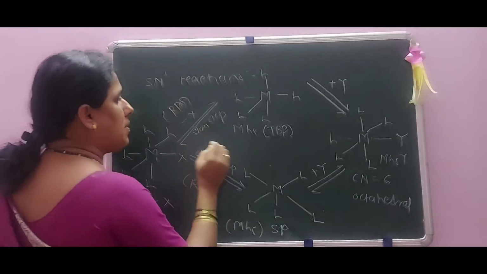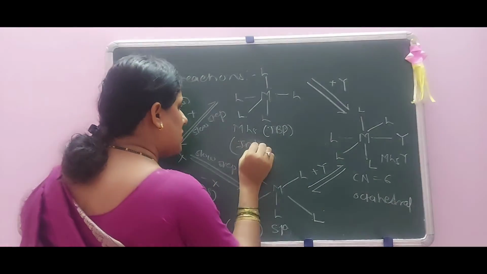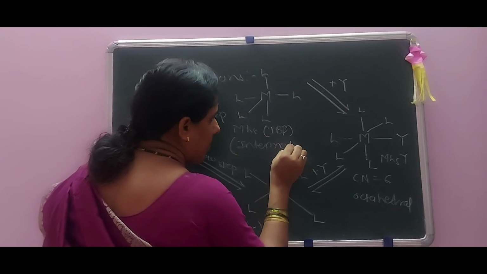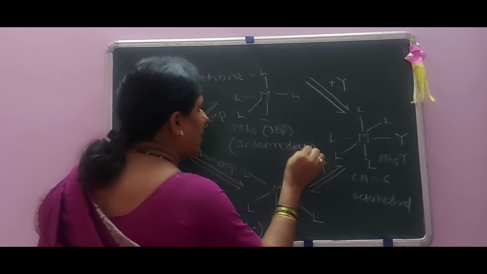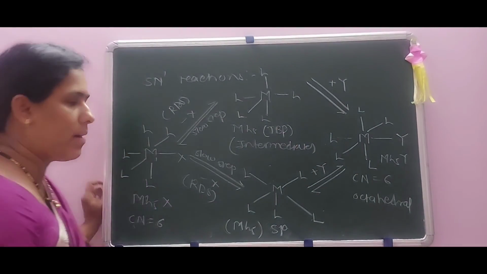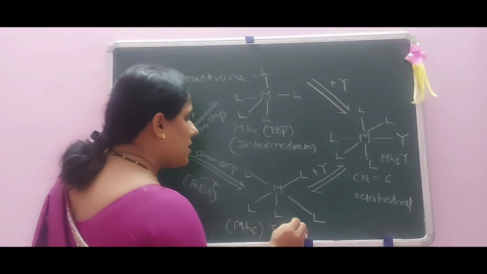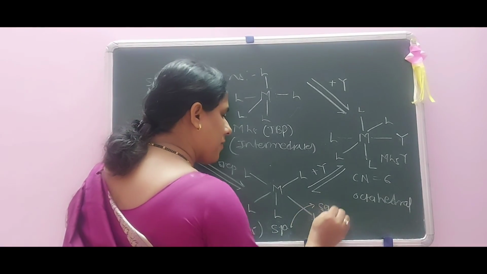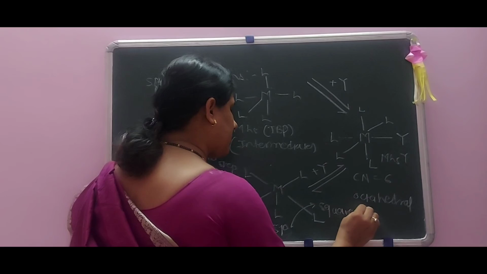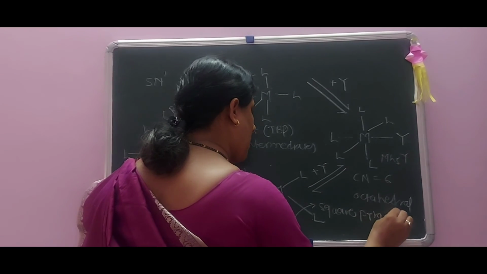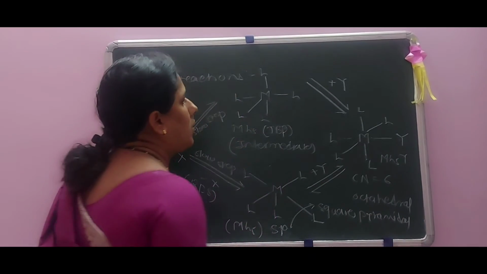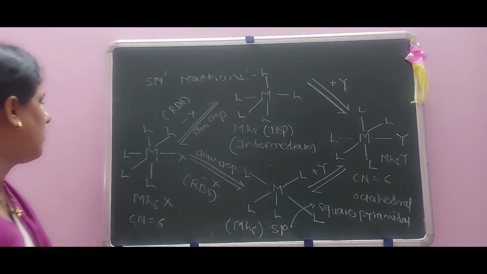These are the intermediates: TBP, trigonal bipyramidal, and SP, square pyramidal. This is the reaction mechanism.